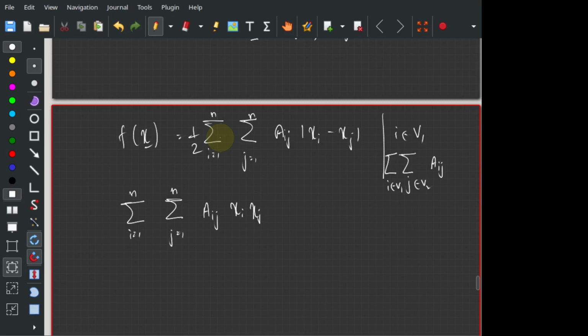But I claim that you can simplify it. This is in terms of a mod, which is not always nice. You can actually write it in the form of something times xi times xj, in the form of a matrix equation. I want to remove the mod, why not square it? You can square it, certainly. But what I want to do is only keep the xi xj terms.